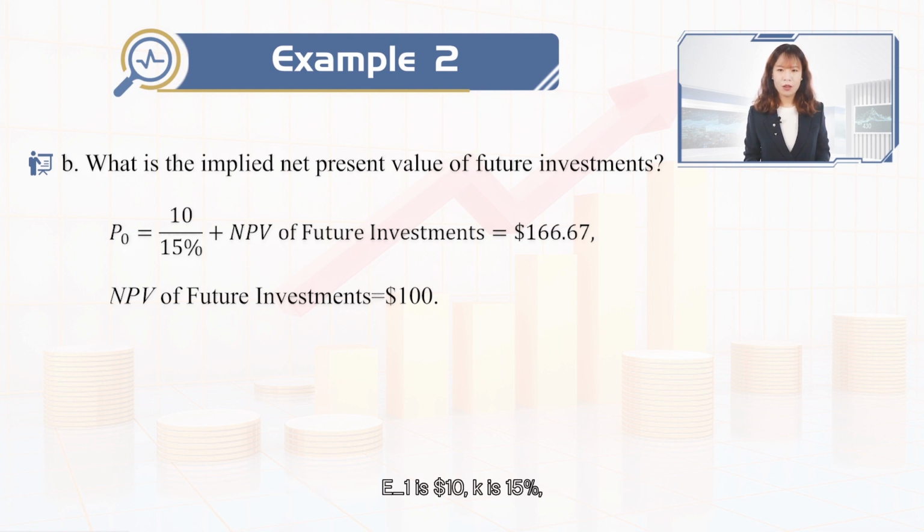E1 is $10, k is 15%. P0 has been obtained as $166.67 in the first question. Solving this equation, the NPV of the future investments is calculated as $100.